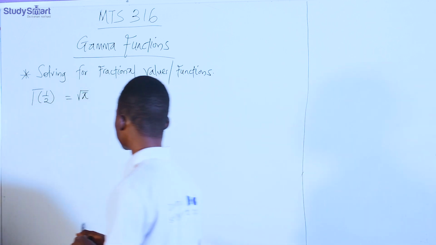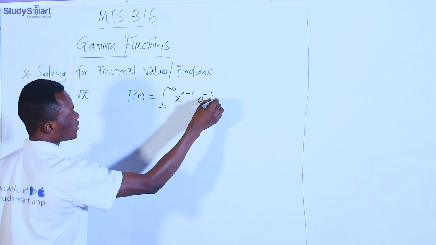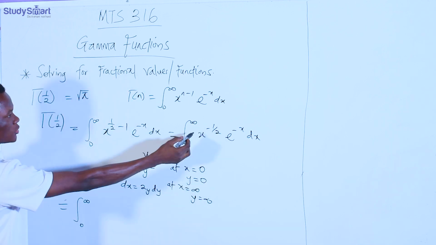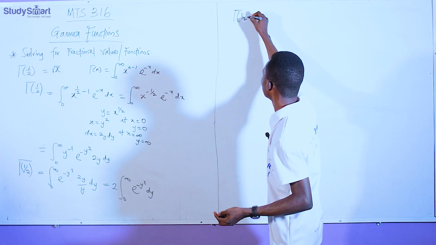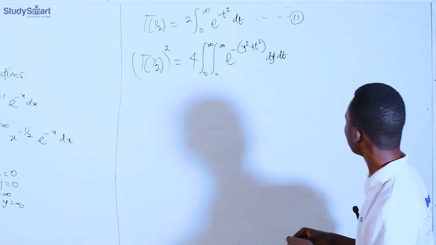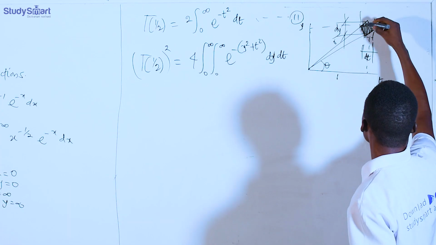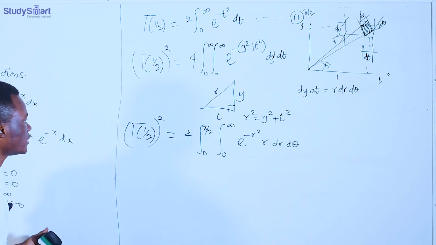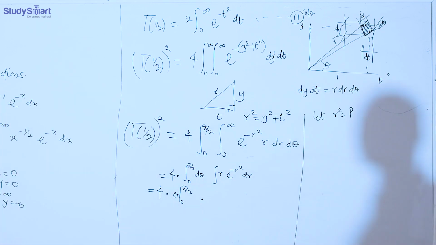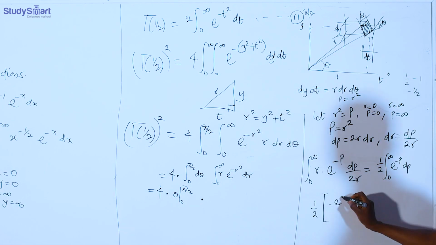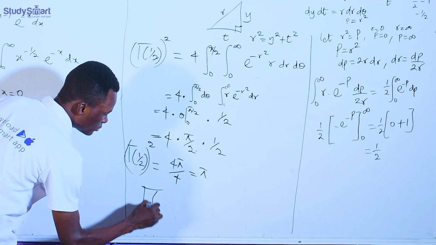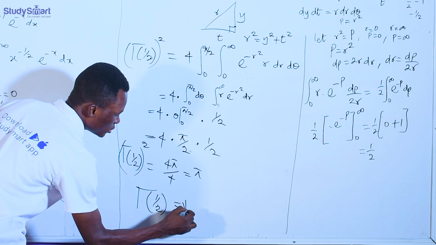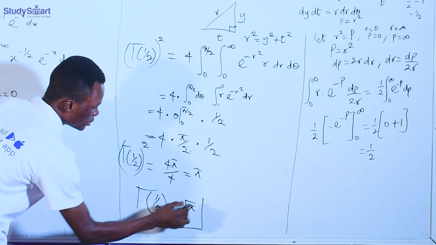All right, so now we start from the general, the gamma function of 1 over 2 now to be equal to the square root of pi. So this is the proof.